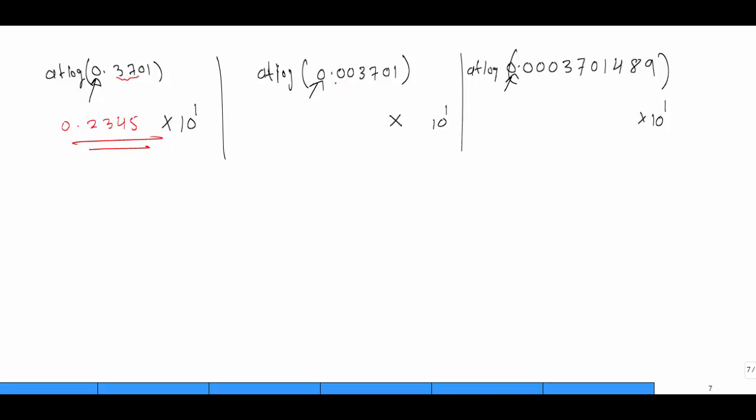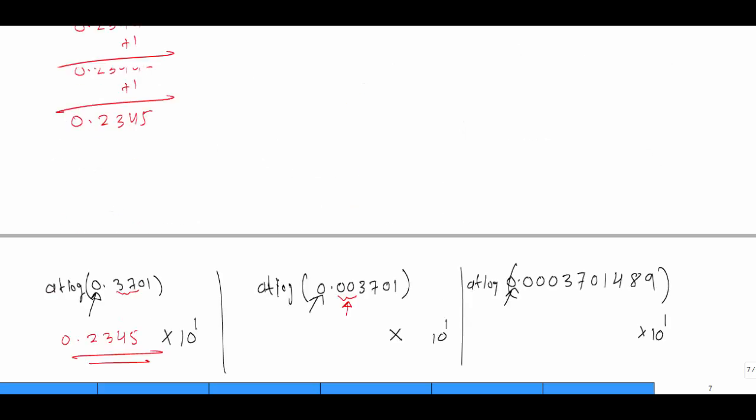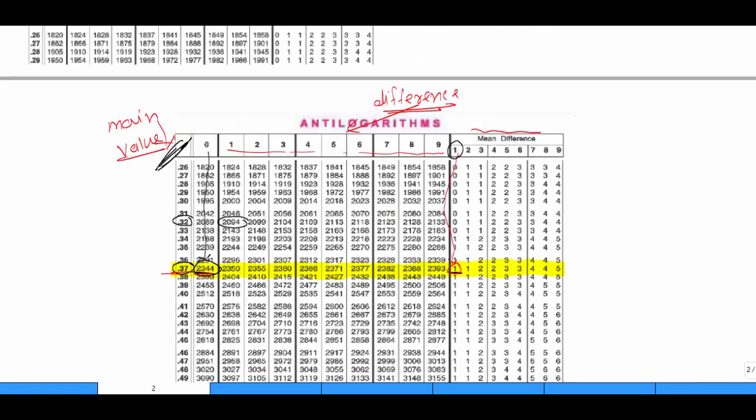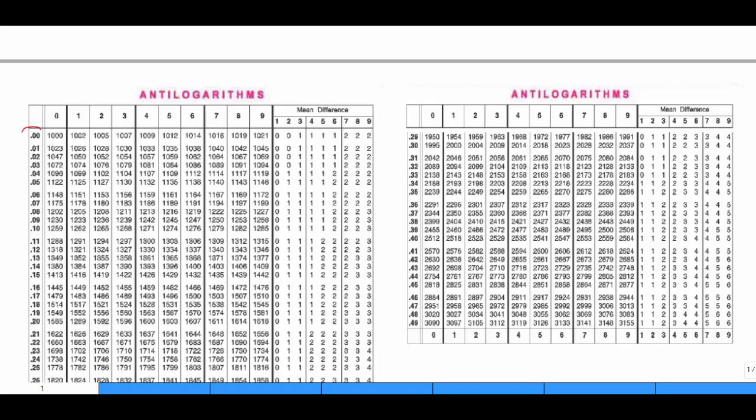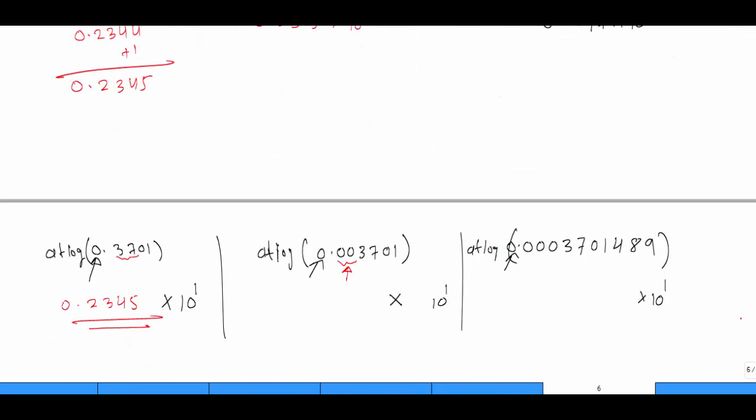In this case, dear, after the decimal we have 00, so we look in the mean difference value table. 00 will not be found in this table, which is why I took one more table. Here it is, this is 00, got it? Then after 00 we have 371. So we got the first two places as the main value.